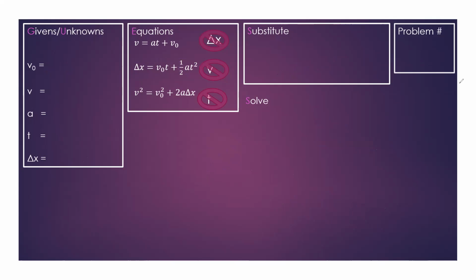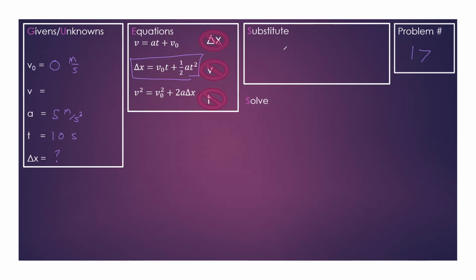Problem 17. A car is at rest and then accelerates at 5 meters per second squared for 10 seconds. So first up, how far does it go? How far means distance. In this case, we don't care about velocity, so I will select this equation here.